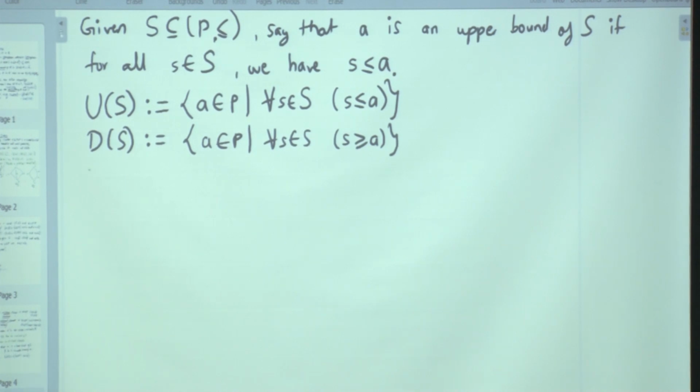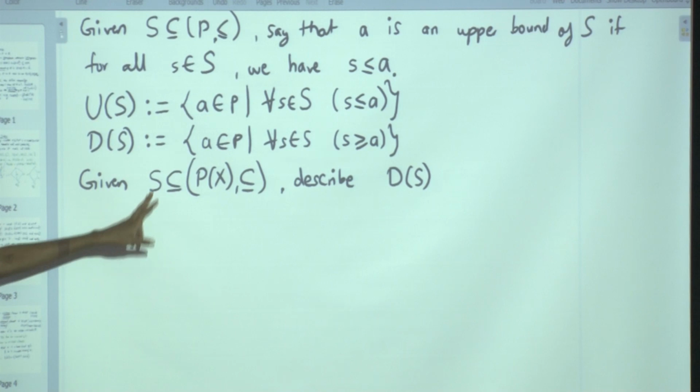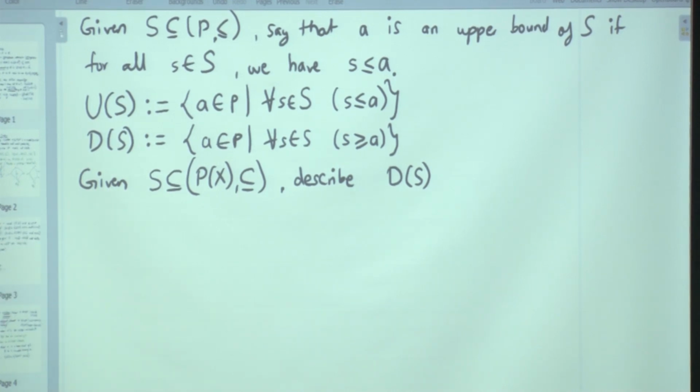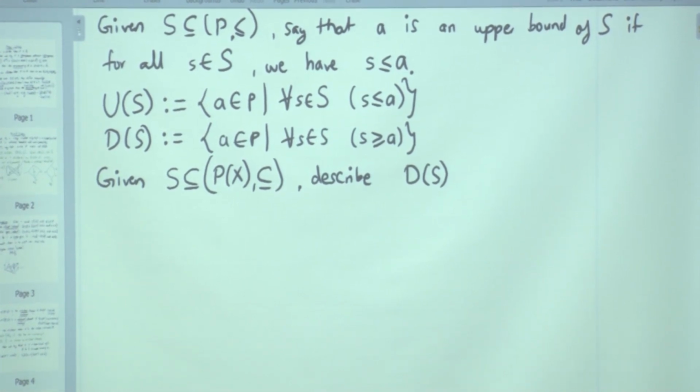Now let's see if you can figure this out. Given S subset of the power set of X, describe the downset of S. So S is a collection of subsets of X. Okay, so what should be the downset of S?